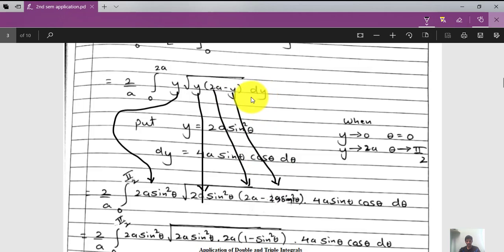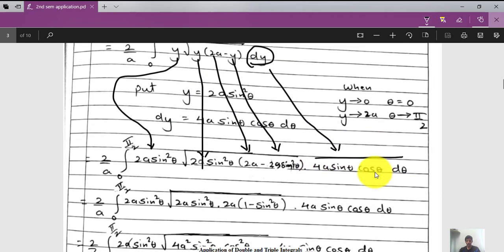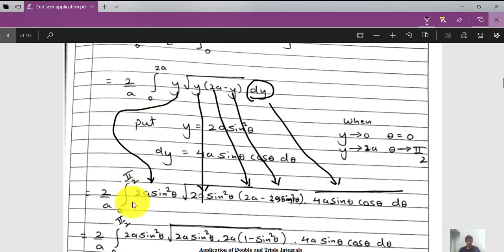And this dy is this whole term, 4a sine theta cos theta d theta. I am also changing the limit, so 0 to 2a turns out to be 0 to pi by 2.